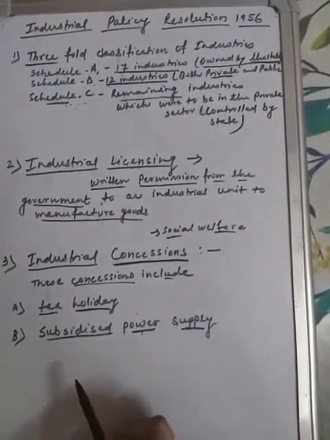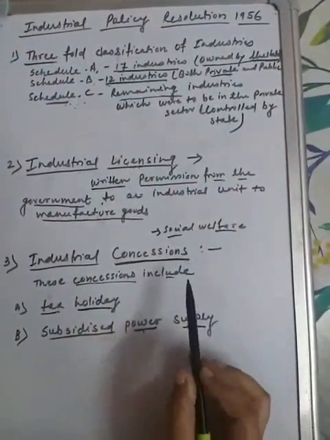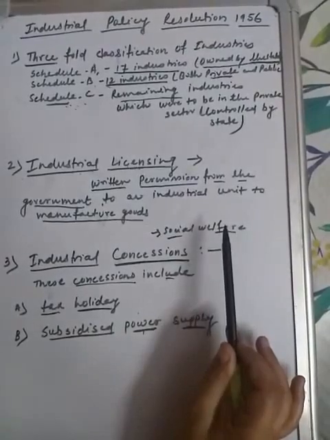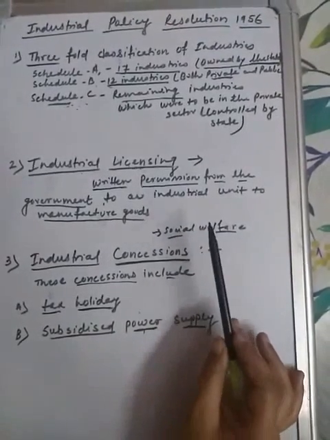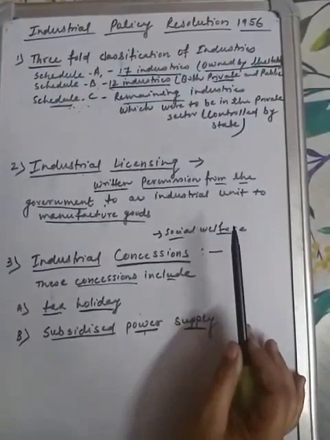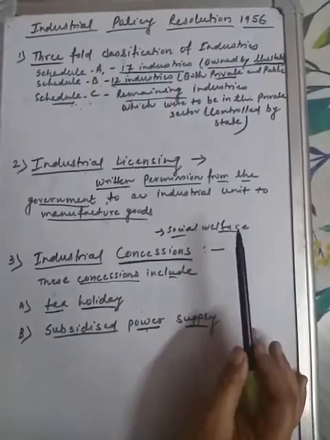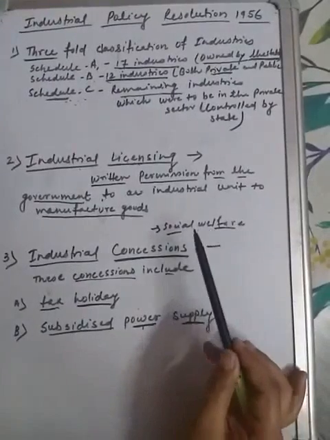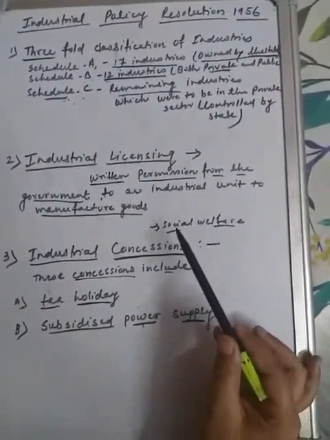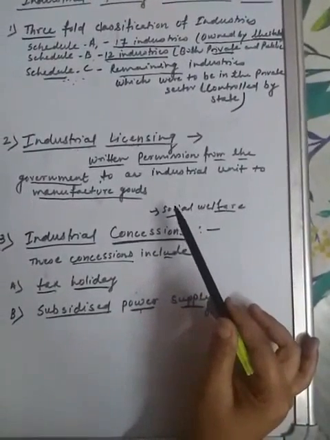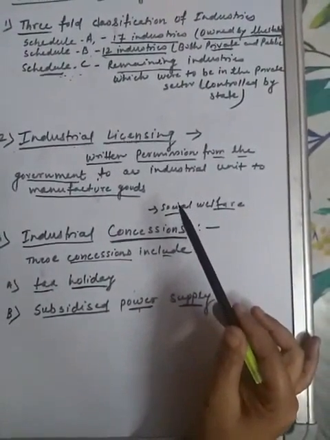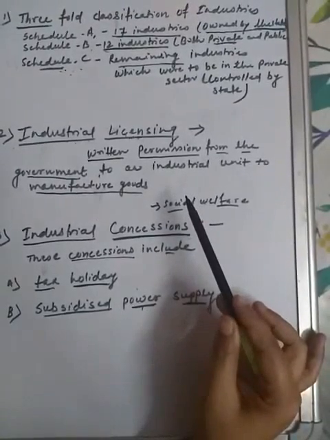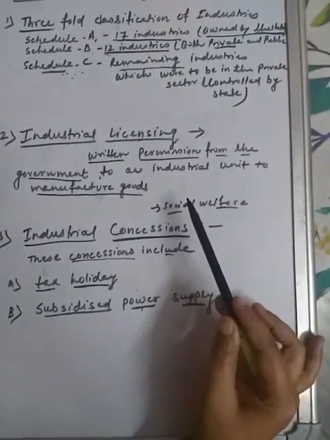A license was needed even if an existing industry wanted to expand output or diversify production. A license to expand production was given only if the government was convinced that there was a need for a larger quantity of goods in the economy. If the government realized that there was more demand for goods in the economy, in that case the government gave a license to the private sector so they could expand their production.